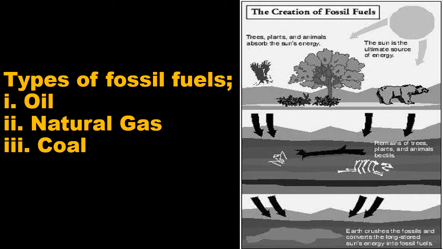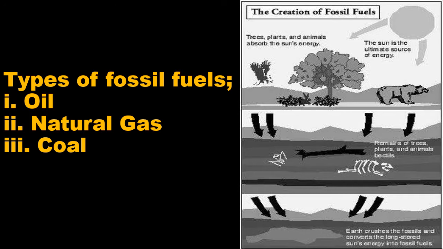Natural gas is also formed in a similar way to oil and coal. It is found in the form of tiny bubbles without any smell, and it is mostly methane gas, which we use for our daily purposes. Coal is formed from trees and forest. Coal is formed from the remains of plants.